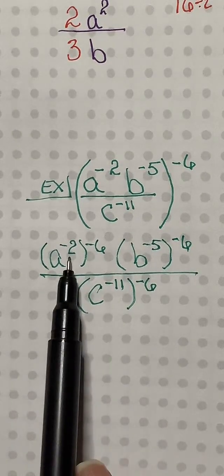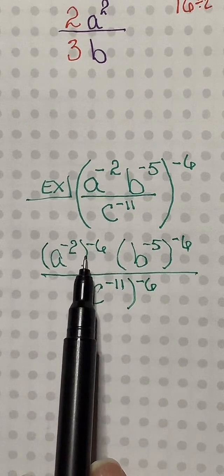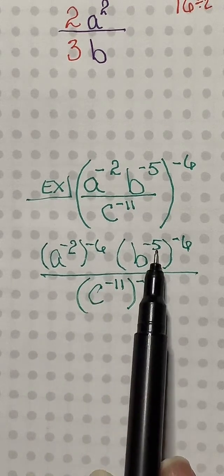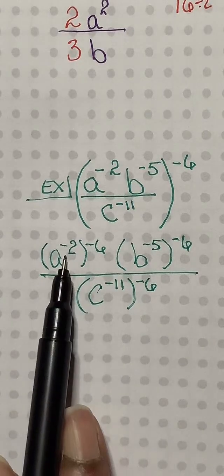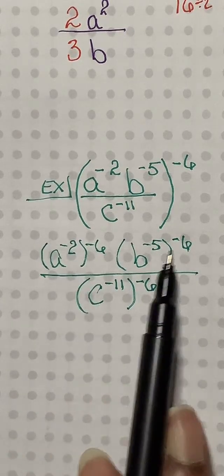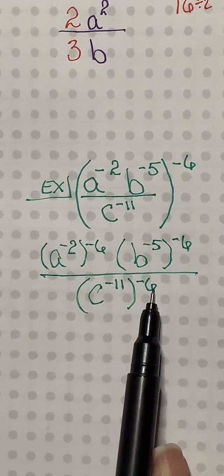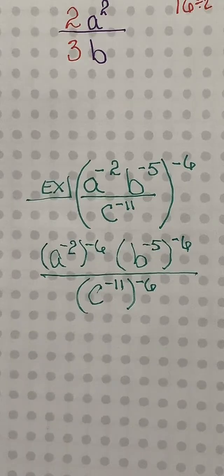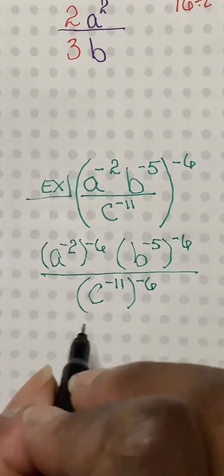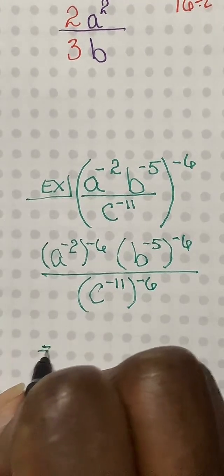So now we have an exponent being raised by an exponent. So that means we are multiplying these exponents. Take a look. Negative times a negative, negative times a negative, negative times a negative. Negative times a negative will give me my positive, right? So then let's finish it out.